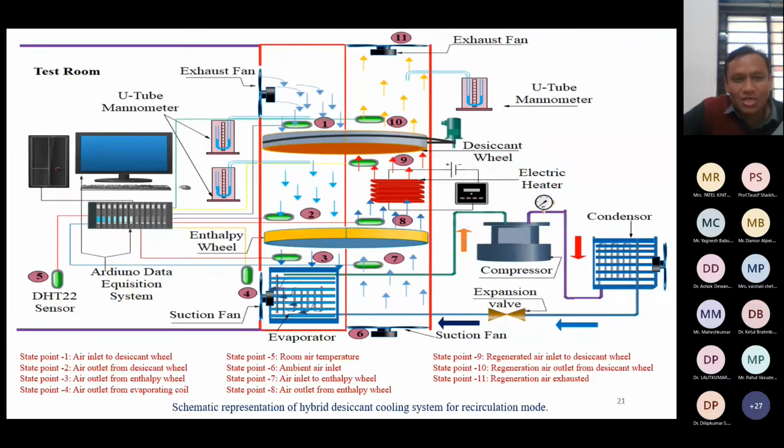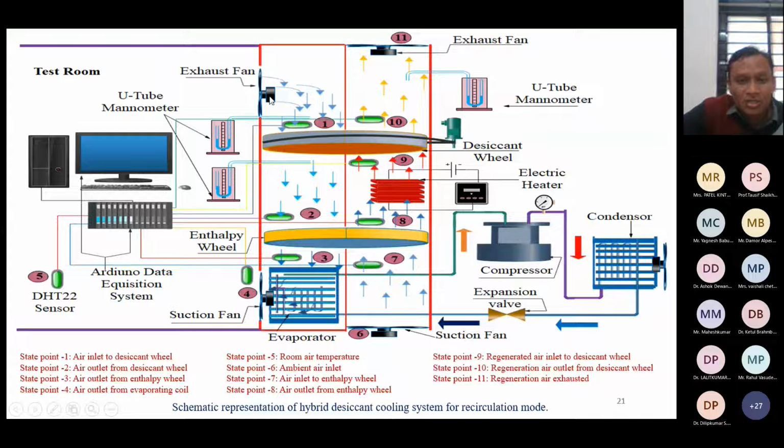This is the schematic representation of the hybrid desiccant cooling system, in which we are putting two wheels. One is the desiccant wheel, and one is the enthalpy wheel, also known as the heat recovery wheel. From the left side, this is my office building.